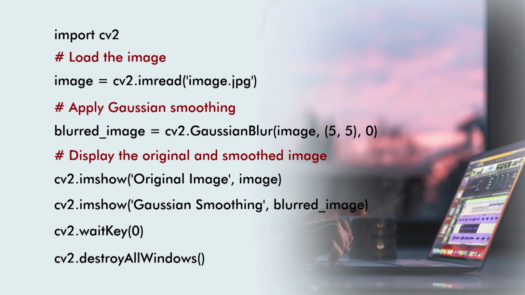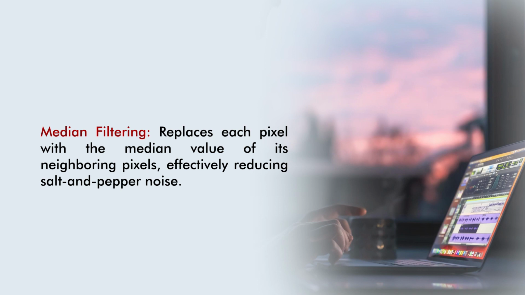For that, we are using image show, that is the keyword to show the original image and the Gaussian smoothing blurred image. After that, we have to display the whole window and we have to calculate all the values of the images.